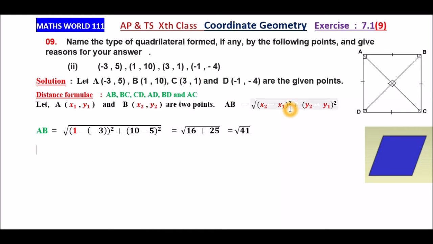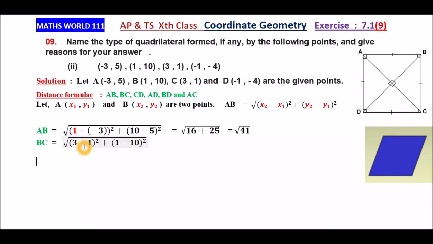Substituting these values, BC is equal to the square root of (x2 minus x1) whole square, 3 minus 1 whole square, plus (y2 minus y1) whole square, 1 minus 10 whole square.